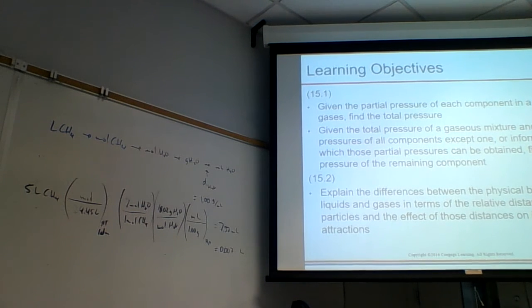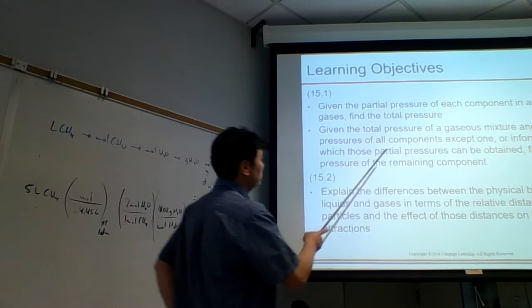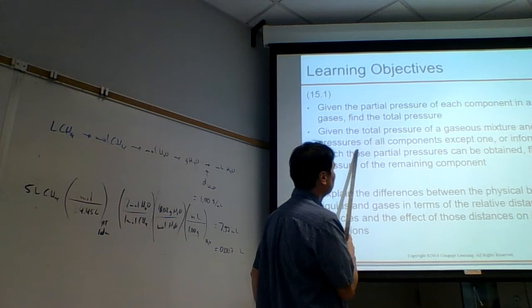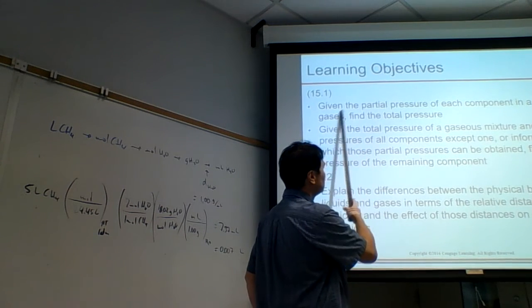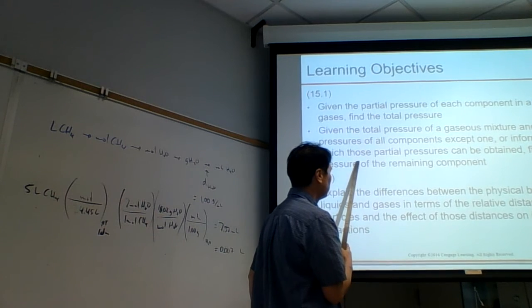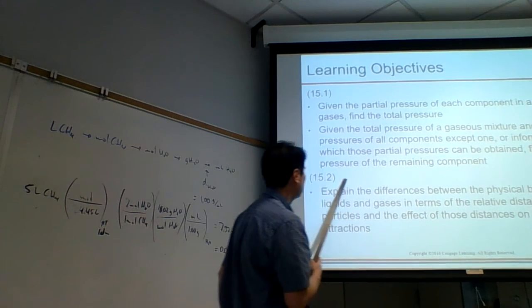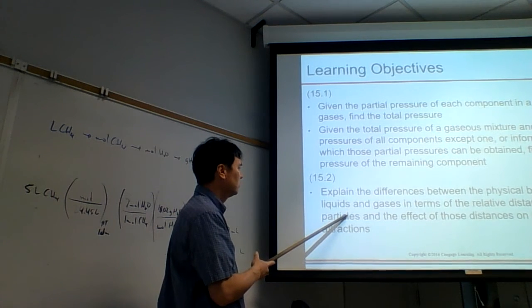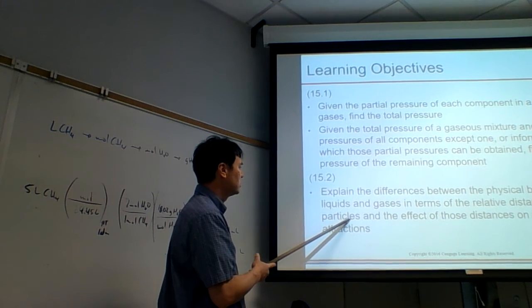So let's go through a brief rundown of learning objectives here. Given the partial pressure of each component in a mixture of gases, find the total pressure. This is called Dalton's law. And so we're going to do Dalton's law. Just use the equation for Dalton's law, which is a pretty simple equation, actually. 15.2, explain the differences between the physical behavior of liquids and gases in terms of relative distances.